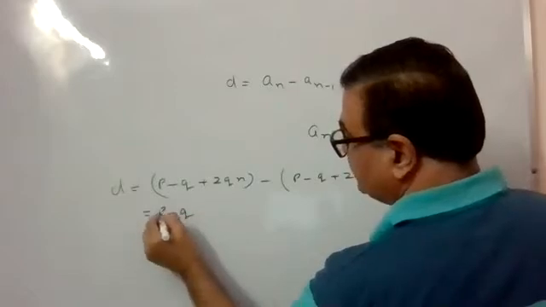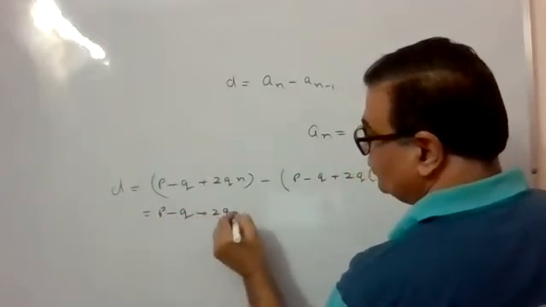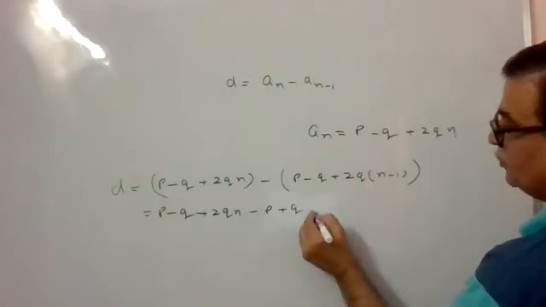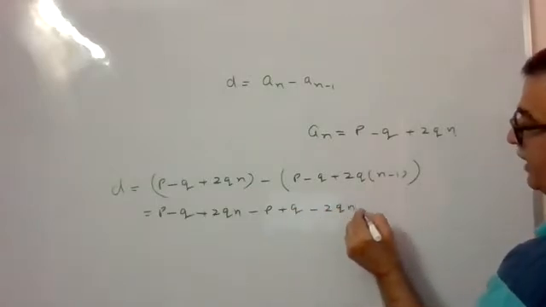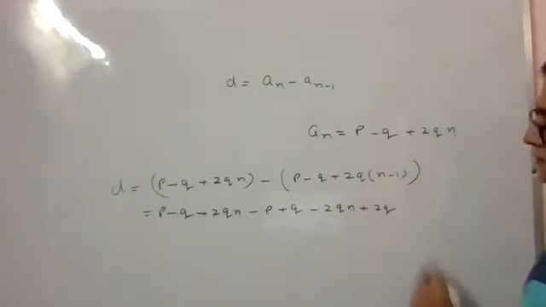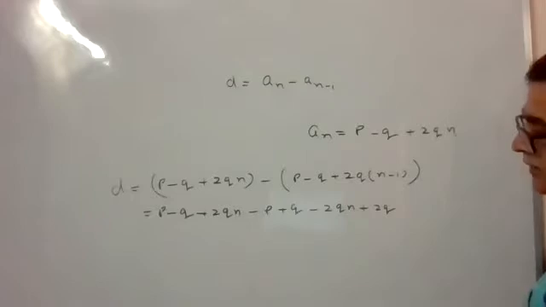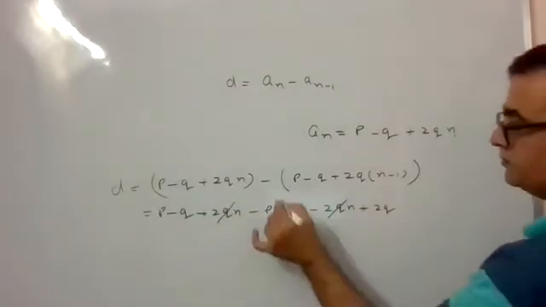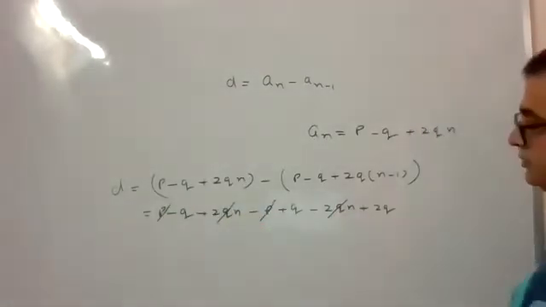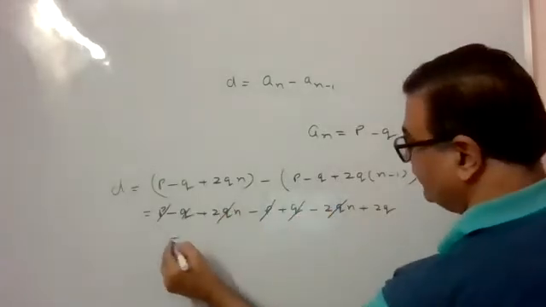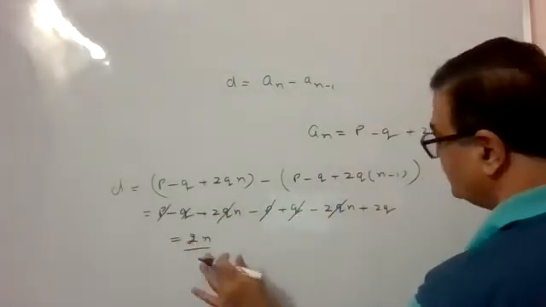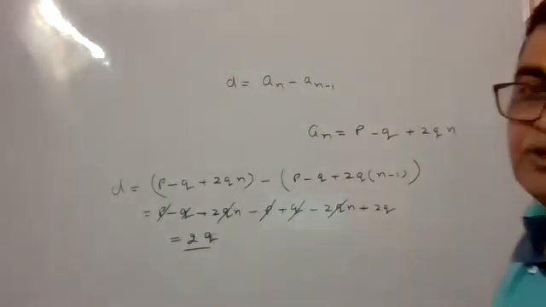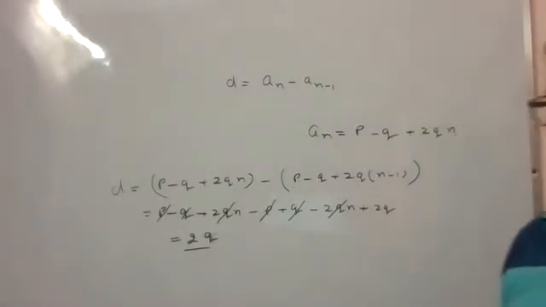So P minus Q plus 2Qn minus P plus Q minus 2Qn plus 2Q. Then something cancels out. 2Qn cancels out. P cancels out. Q cancels out, you get your answer as 2Q. So hence the common difference comes out to be 2Q.